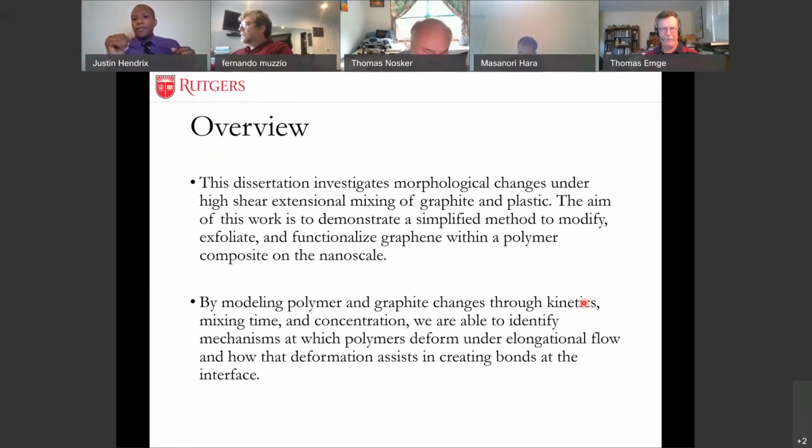The aim is to find a simple way to modify, functionalize, as well as exfoliate graphene within a polymer composite, all on the nanoscale. By modeling the kinetics, mixing time, and concentration, we try to identify mechanisms that lead to the polymer deforming under this flow field, as well as how that affects bonding created at the interface.